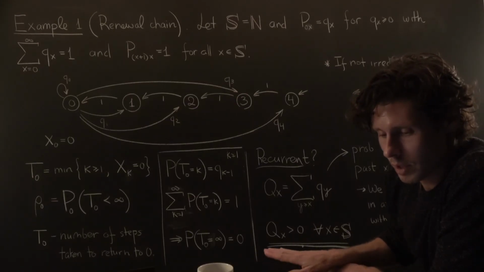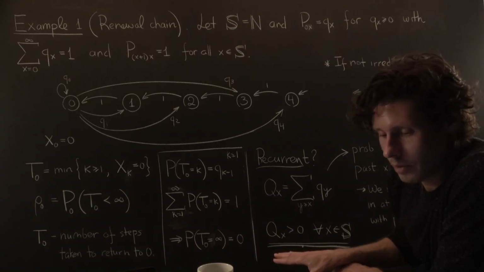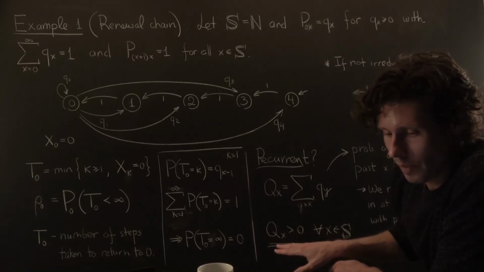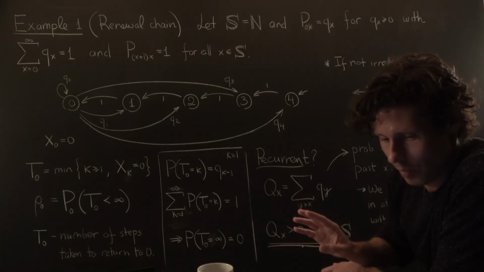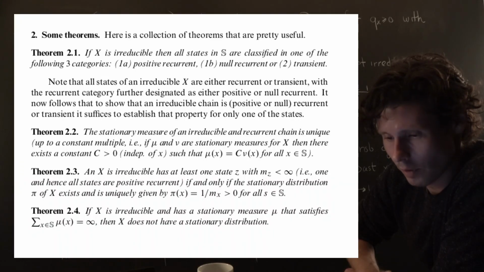So as soon as this condition is violated, there will be some transient states and there will be some recurrent states, and I cannot call the chain either transient or recurrent. But as soon as the chain is irreducible, then once again you show some property for one state, and you conclude it for all the other states.